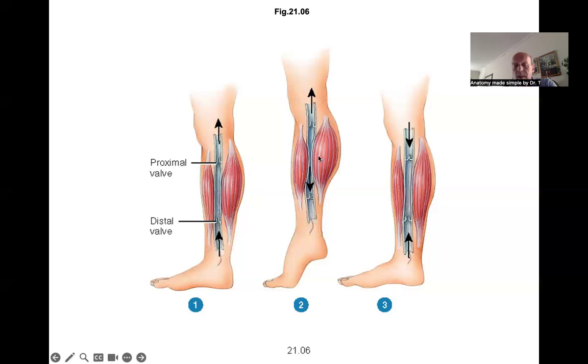This diagram is not only referring to the function of a valve, but also tells us about an interesting and important addition to the cardiovascular system: the contraction of our muscles actually helps veins, acting as some kind of external pump. Because you see on diagram 2 what happens upon contraction of these two unknown muscles.